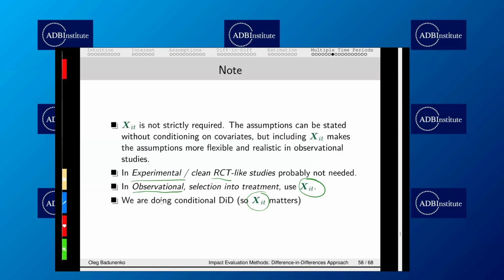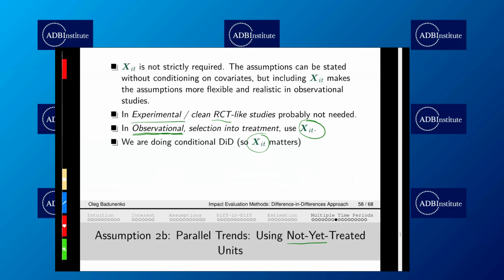With our observational data, we necessarily need to condition on X. I have given you a flavor of what it means that something is conditioned on X. We split our sample into small portions, and within that small portion, there is an independence assumption.